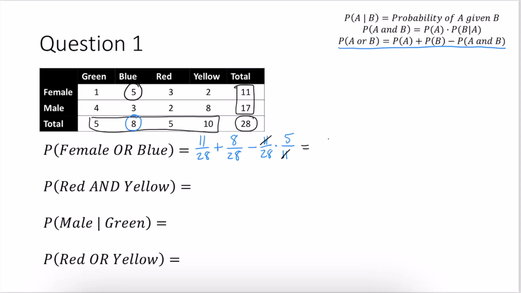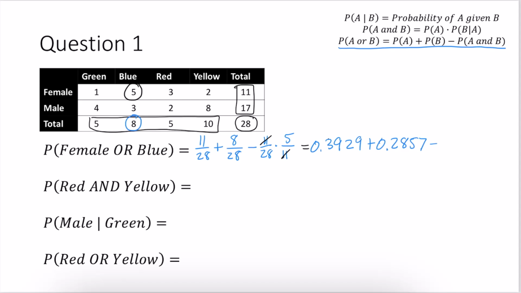And then I'm going to add and subtract these probabilities together. So 11 divided by 28 is 0.39285. So I'll round that 8 up to a 9. And then 8 out of 28 is 0.2857.